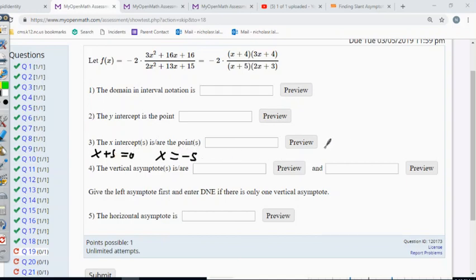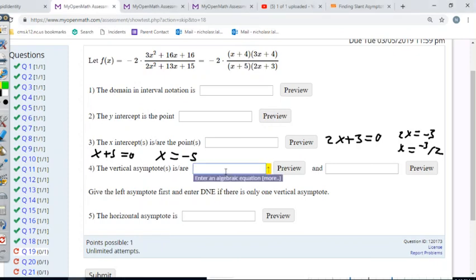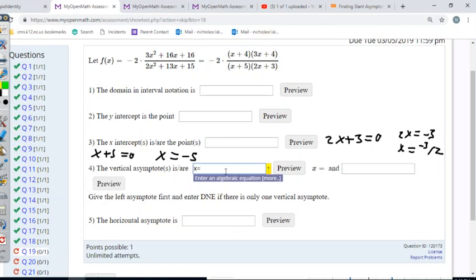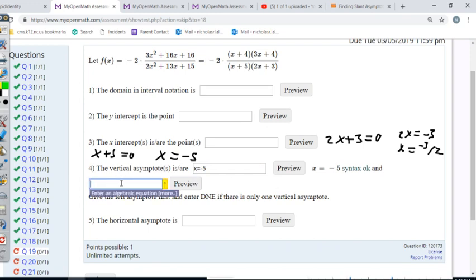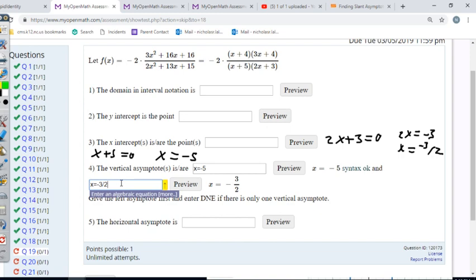And 2x plus 3 is equal to 0, 2x is equal to negative 3, x is equal to negative 3 over 2. So vertical asymptotes are x equals negative 5 and x equals negative 3 over 2.